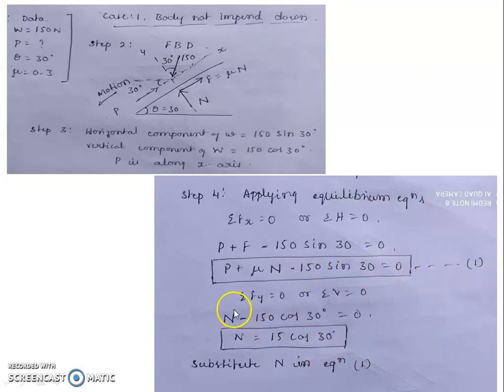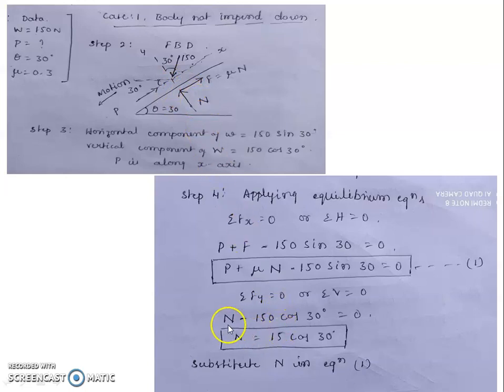Now I will consider the summation of all forces in y direction equal to 0, sigma Fy equal to 0. What are the vertical forces acting here? One is the weight component. I have to resolve along the y-axis, hence it becomes 150 cos 30. Another one is the normal reaction N acting upwards, hence it is positive.